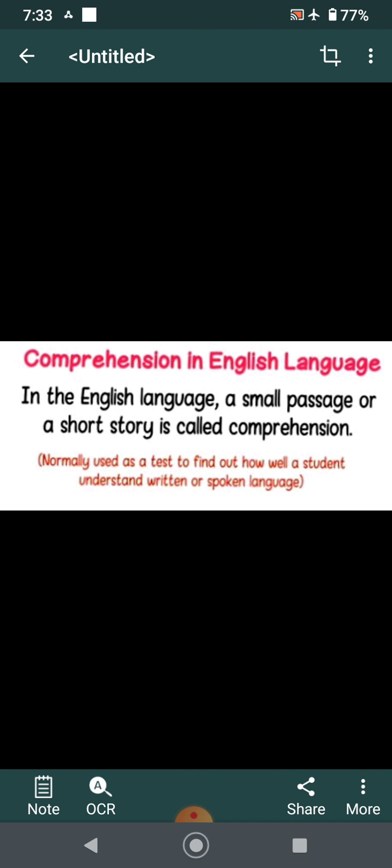But in English grammar, it is a small passage or story, normally used as a test to find out how well a student understands written or spoken language. Normally it is given to judge how well the student is able to answer the questions himself or herself.